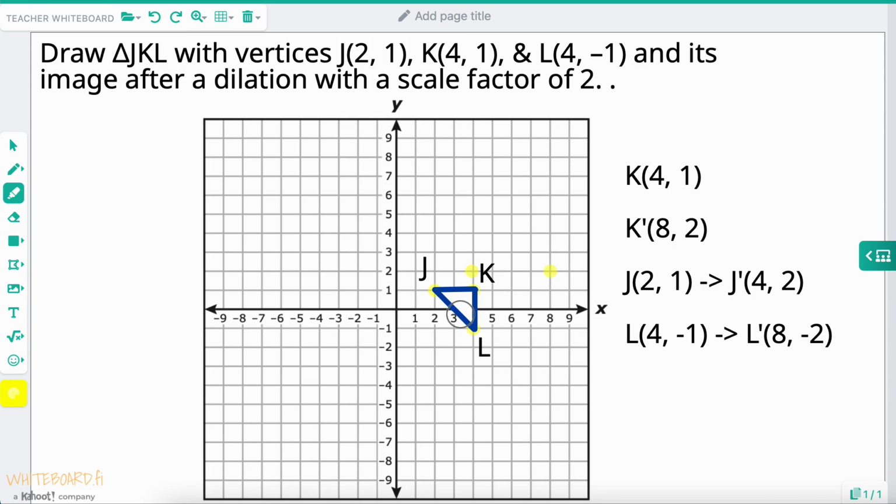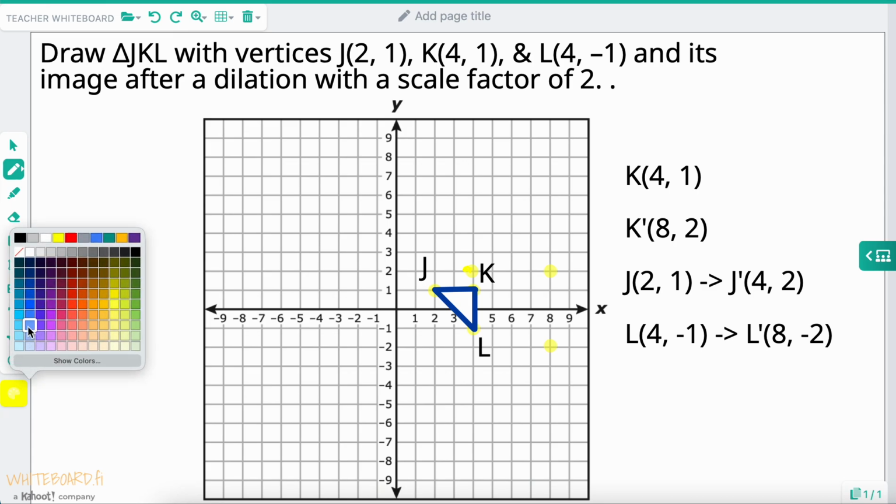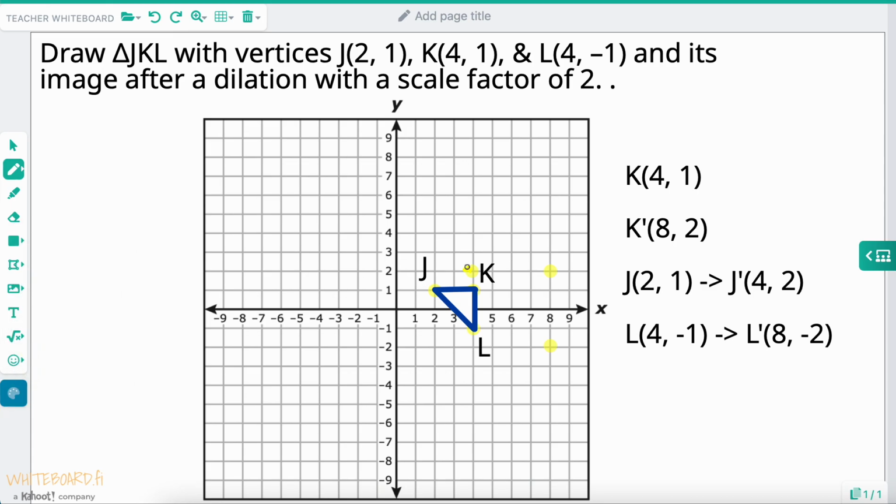And L prime is going to be 8 comma negative 2, which is here. You can already see it's twice as large because it's a scale factor of 2. Okay, and let's just make sure we get that. No, I want a different color. There you go. So this is one of my points here. This is one of my points here, and this is the other one here.